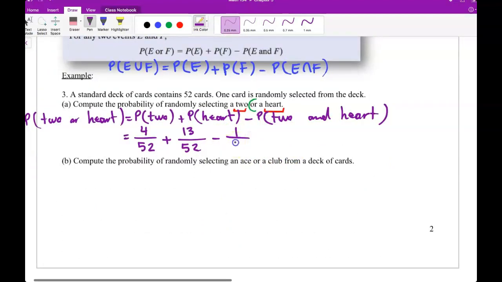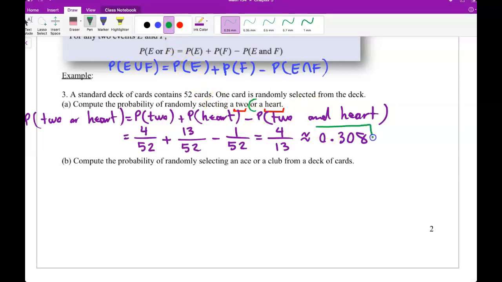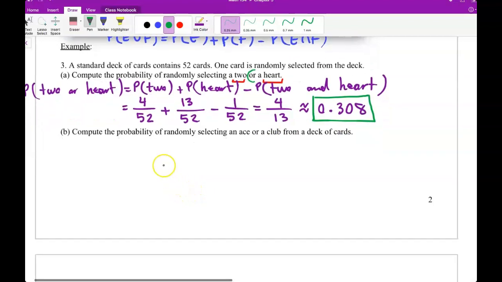So it's 1 over 52 again. Add, subtract, it is 4 divided by 13. Rounding is 0.308. Now part B, compute the probability of randomly selecting an ace or club.